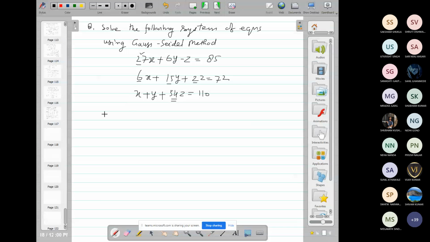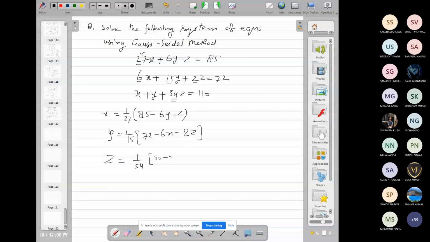Now we can write from the first equation x is equal to 1/27 of (85 minus 6y plus z), and y is equal to 1/15 of (72 minus 6x minus 2z), and z is equal to 1/54 of (110 minus x minus y).